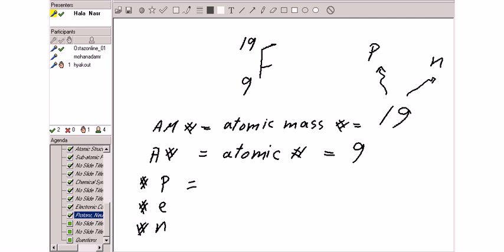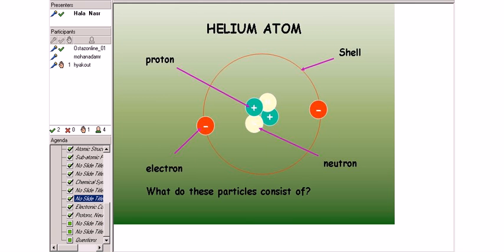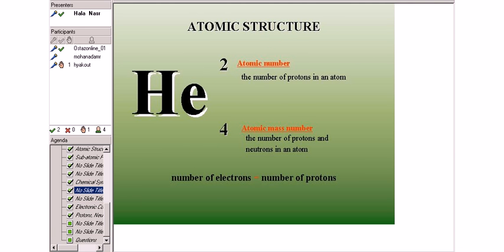Okay, it seems this point is not clear, so let's get back again. This will make it easier. Look at here all. In here, the smaller number, which is 2, is the atomic number. It's also the number of protons.